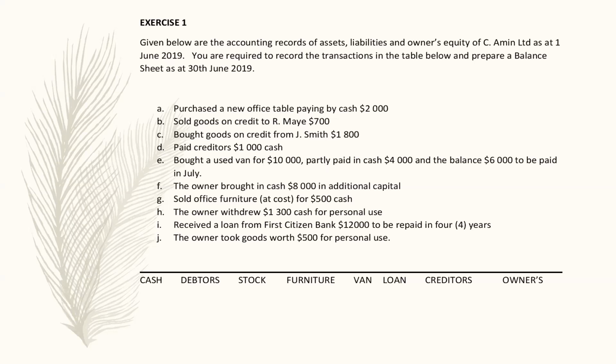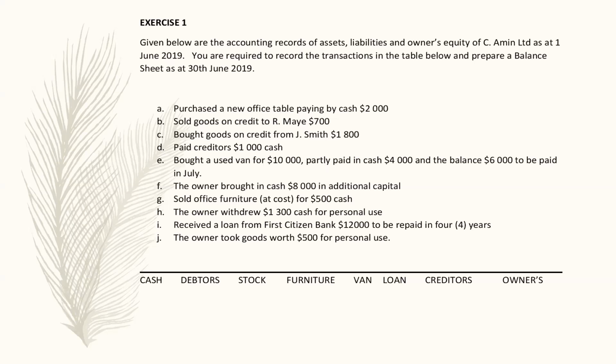E is a bit confusing for those of you who are not familiar how to apply E, but we will break it down. We are looking at a transaction where we purchase a van, we paid cash, and we are still owing the creditor. I'm going to say that again. We purchased the van for $10,000. We paid $4,000 cash, and we are still owing the creditor $6,000.